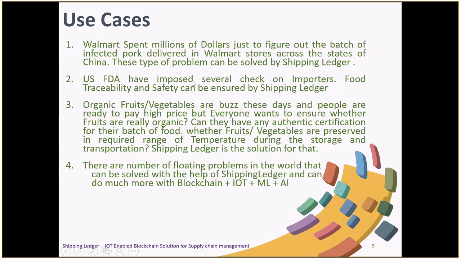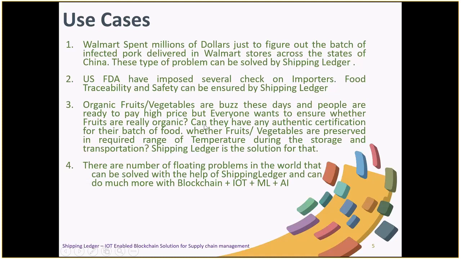USFDA has imposed several checks on importers. Food traceability and safety can be ensured by Shipping Ledger. Organic fruits and vegetables are a buzz these days, and people are ready to pay a high price, but everyone wants to ensure whether the fruit is really organic.